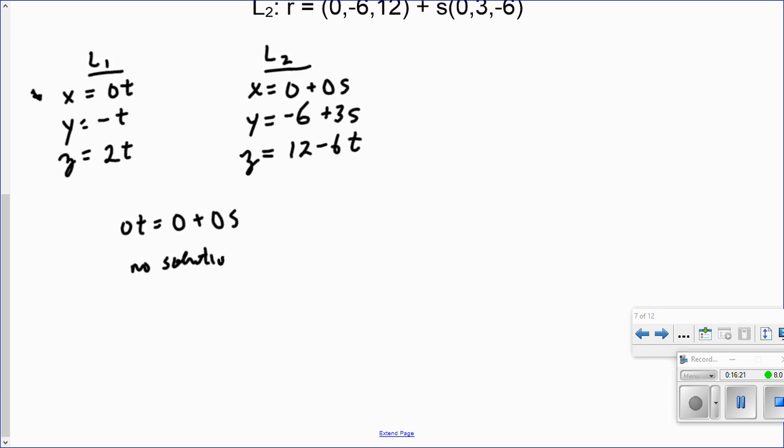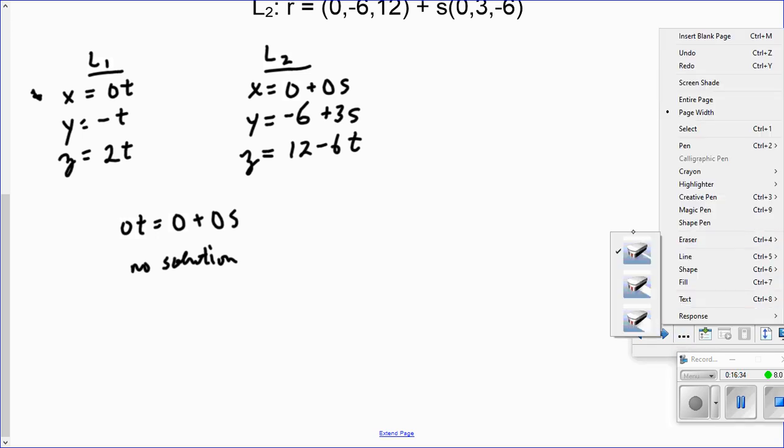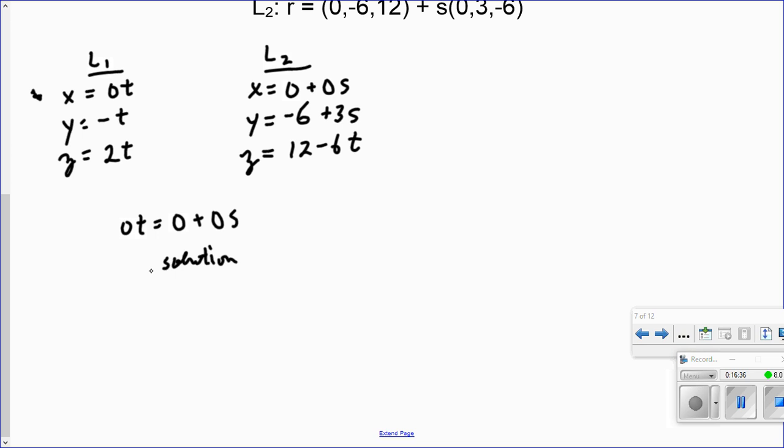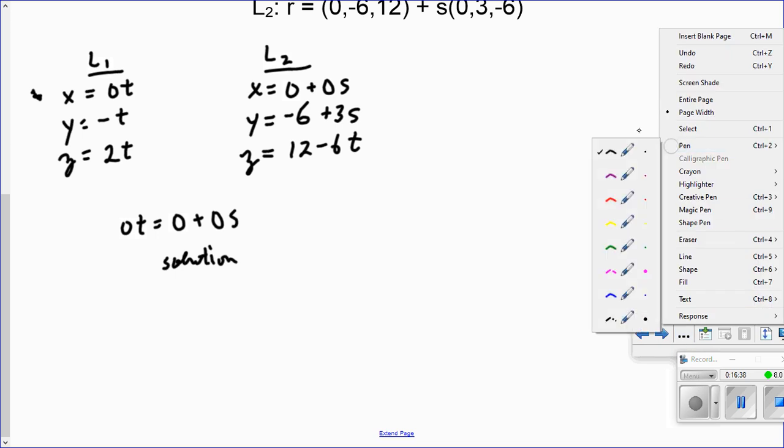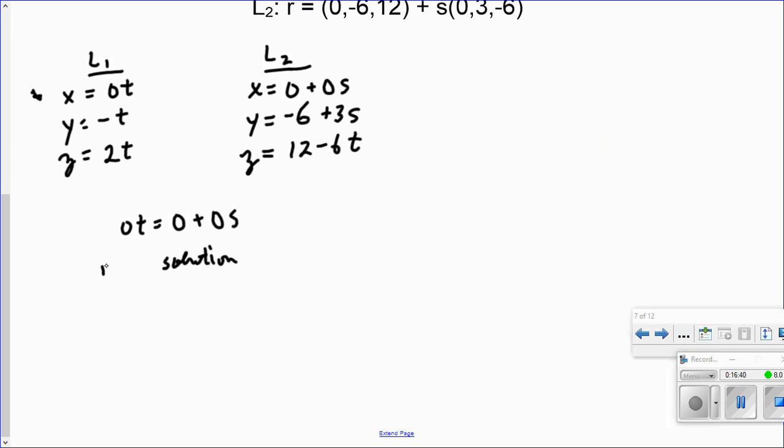Is there no solution here? Or are there multiple solutions? It's not that there's no solution. There's an infinite number of solutions.